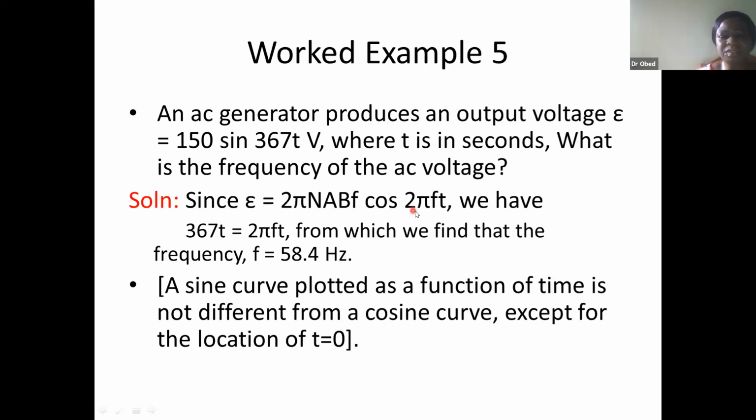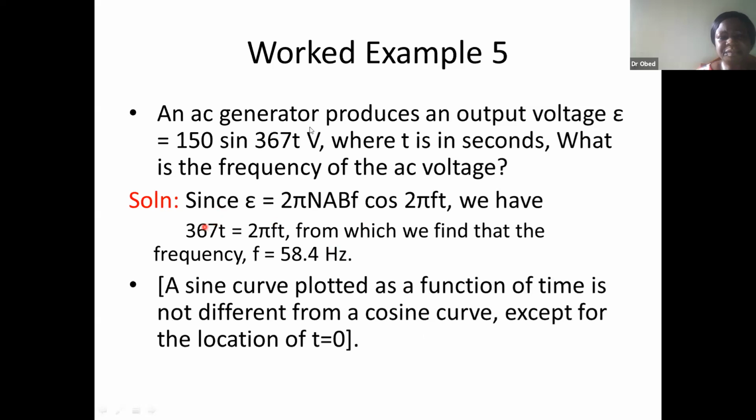So using this formula, 367 T equals 2 pi F T. There's a note that says a sine curve plotted as a function of time is not different from a cosine curve except for the location of T equals 0.